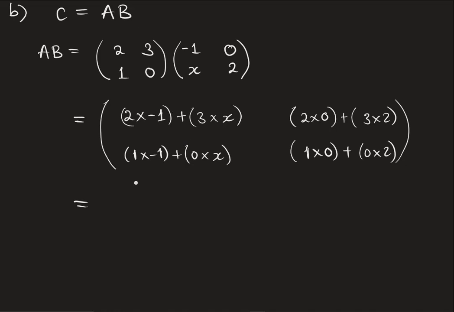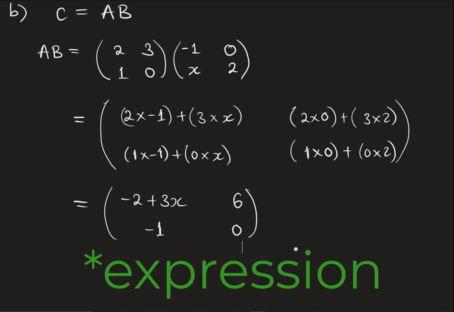We need to simplify. Just go step by step. -2 plus 3x. Here we have a 0, so we just worry about the 3 times 2, which is a 6. Here we also have a 0, so we just worry about 1 multiplied by -1, which is -1. And here we have a 0. It's interesting, we only have one equation, and that saves us from a lot of trouble.